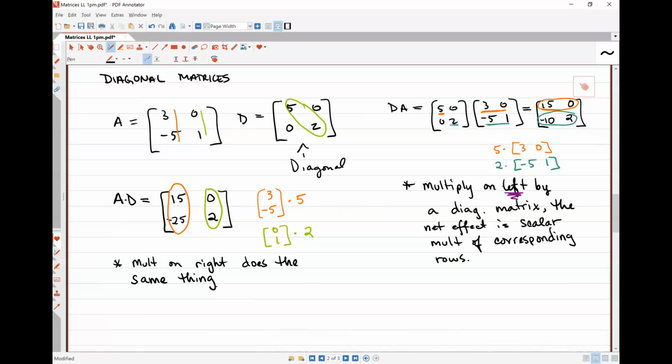And then I'll show you one more kind of matrix, and then we'll talk about block matrices. Any questions?